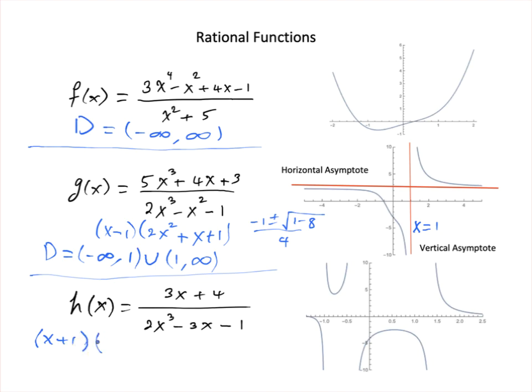And then the quadratic factor that is multiplied by that to get 2x cubed minus 3x minus 1, we can construct it either by dividing 2x cubed minus 3x minus 1 by x plus 1, or just guess what you would need to multiply by x to get 2x cubed.